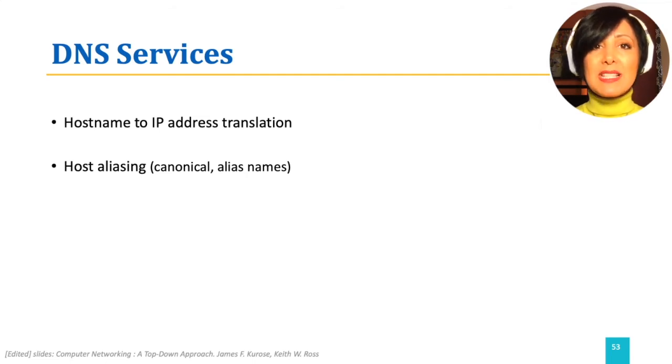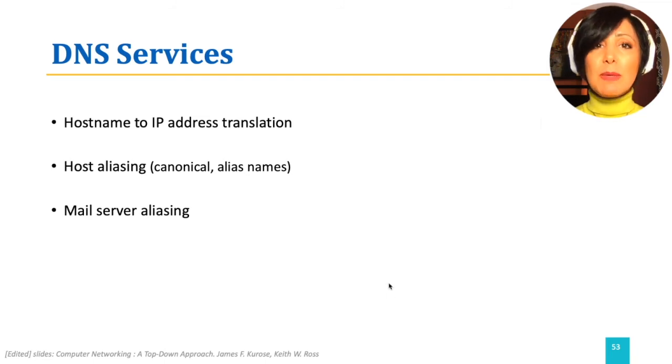The more complex name is called the canonical name, and sumstore.com is the alias. Aliases, if available, are more mnemonic than the canonical names. The aliasing could also be done for mail servers.